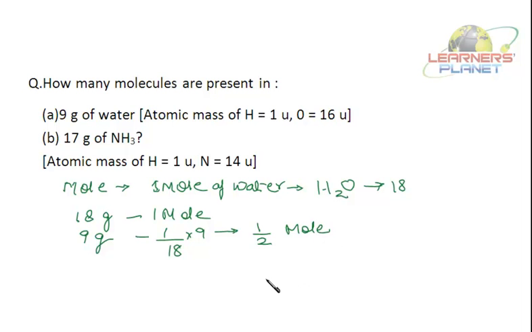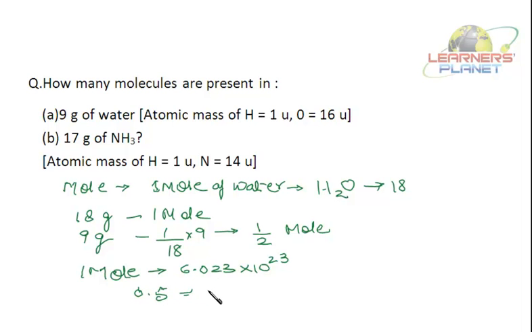So what is asked? How many molecules are present? Now we know that 1 mole of a substance has got how many entities or particles? 6.023 into 10 to the power 23. So here 0.5 mole will have how many particles?